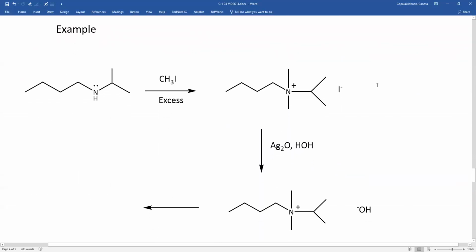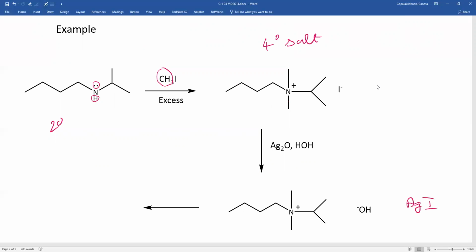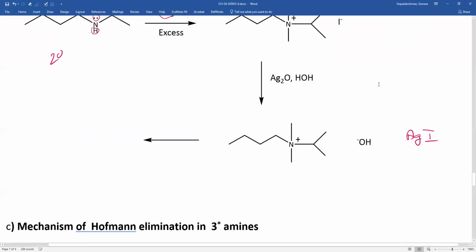This is a secondary amine. Same thing, if you treat it with excess of methyl iodide, the methyl group replaces this hydrogen and also adds here, forming the quaternary ammonium salt. And you treat it with the silver oxide, it makes this iodine a silver iodide and the OH. But in this case, two alkyl groups contain beta carbons.